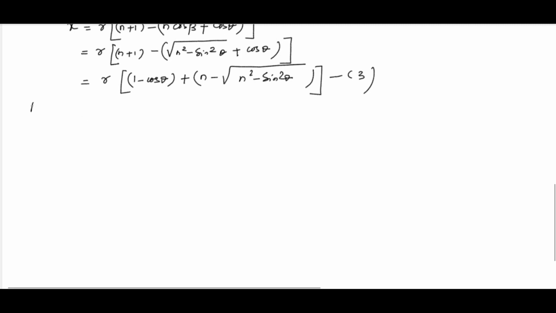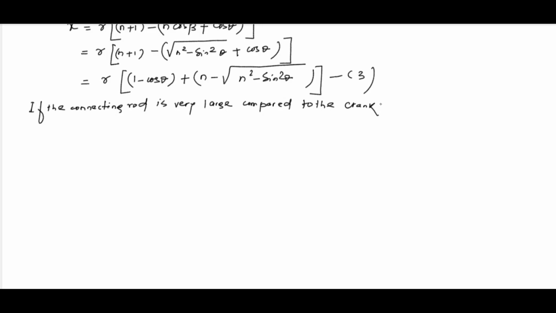Now if the connecting rod is very large compared to the crank length, this n square will be large, and the maximum value of sine square theta will be 1.